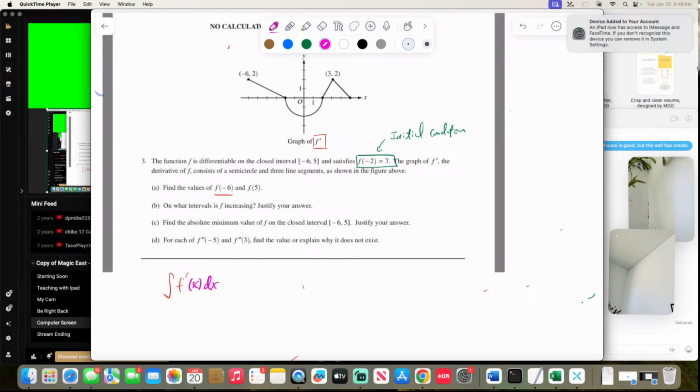Why is 2 wrong? It's a value. So please understand that. I don't know how many times I'm going to stress this. The value is the output. Now, if they say, where does the absolute minimum occur, at x, then you can say it's 2, right? But where the absolute minimum occurs in x is a different question. If they say, find the absolute minimum value, that means the output.